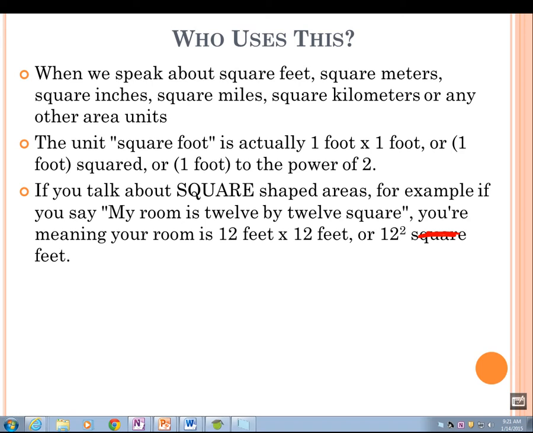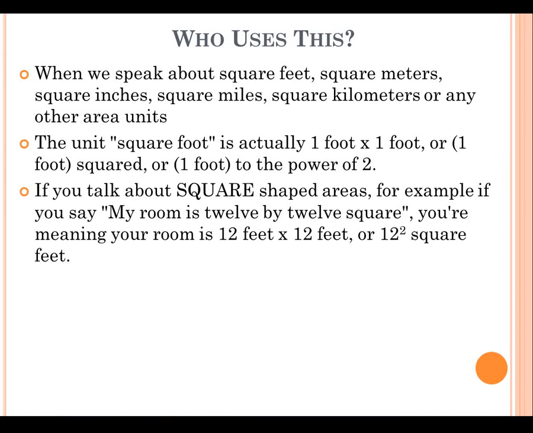Yeah, the power of. You can think of it like that. Okay, stop talking, please, ladies. Yep, 12 by 12, and that's exactly what they're talking about here. Saying 12 by 12 feet, or this. Because we have one 12, we have our second 12, and there's 2 of them.